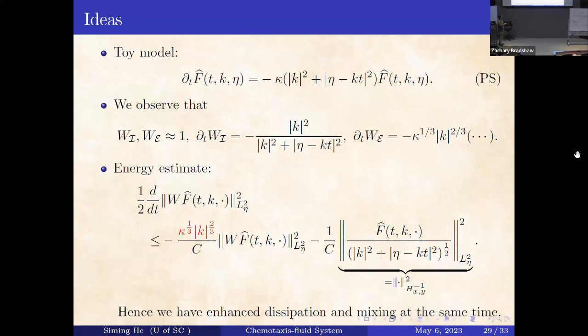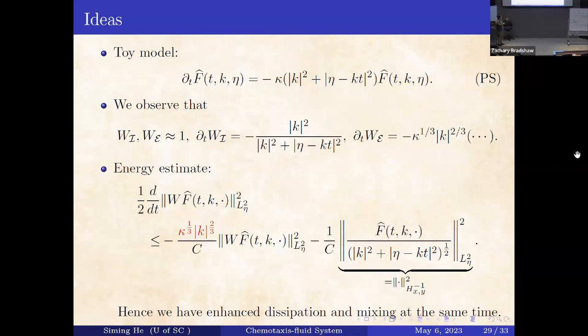Moreover, you have a damping term here. And now because your solution is bounded, thanks to this expression, you automatically know that the H-1 is L2 integrable in time. So just by looking at this simple looking weight, that's the whole observation here. Basically, by looking at this functional, you automatically get enhanced dissipation and mixing. And now these two go hand in hand.